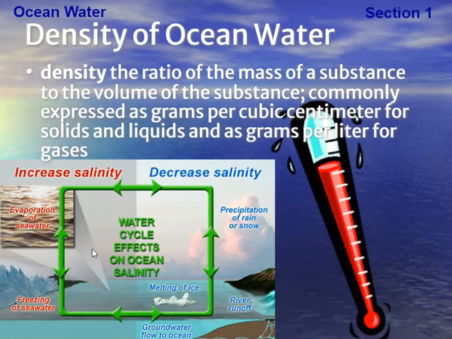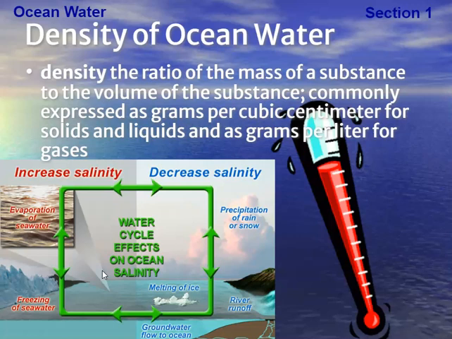We've talked a lot about density, and density being the ratio of mass to volume. And typically we express that in grams per cubic centimeter. We continue to do the same thing in ocean water. We can talk about grams per cubic centimeter of ocean water regarding density. What happens to a material that has a higher density? Let's say our grams per cubic centimeter of this ocean water is 1.1.